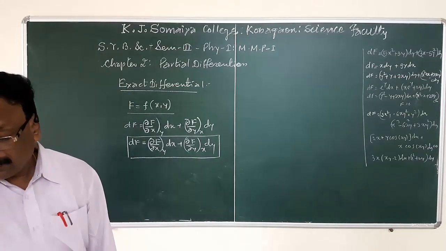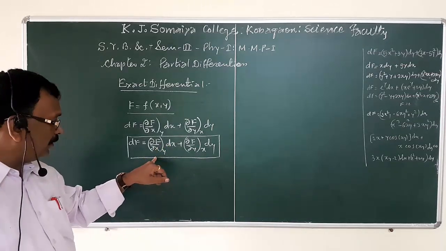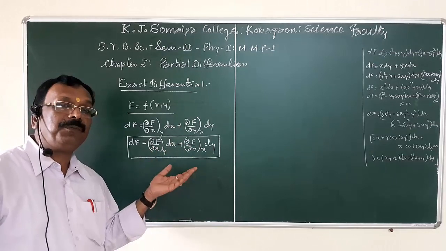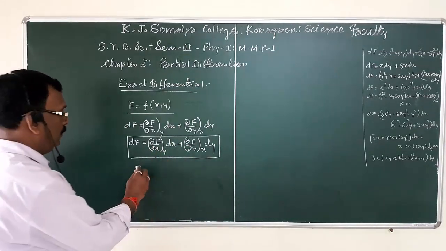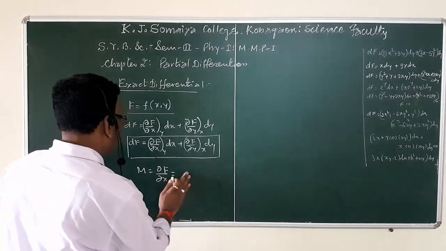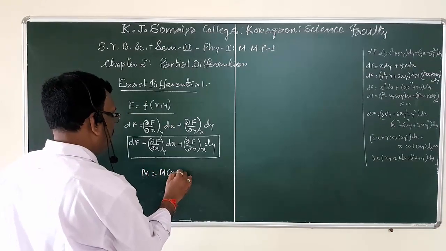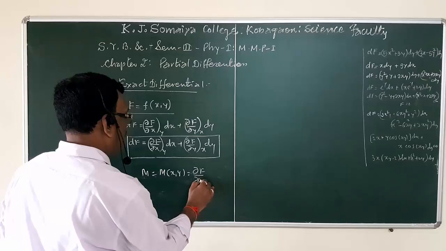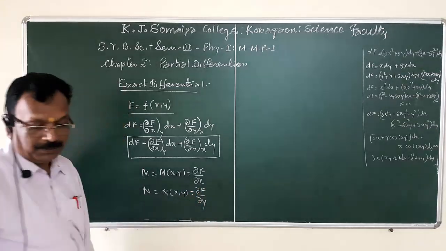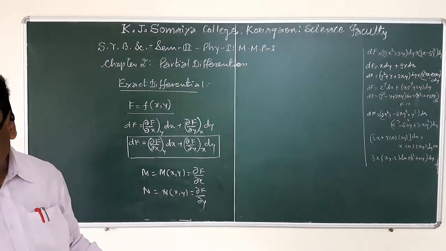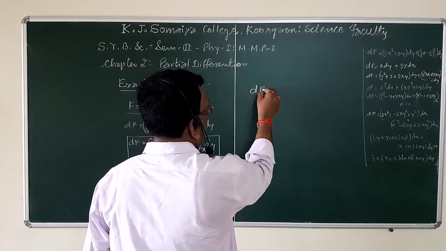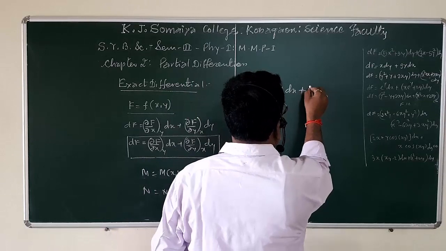Now, the partial derivatives del f by del x and del f by del y are again functions of x and y, so we can write m is equal to m of x y is equal to del f by del x, and n is equal to n of x y is equal to del f by del y. Hence the exact differential has the form df is equal to m dx plus n dy.